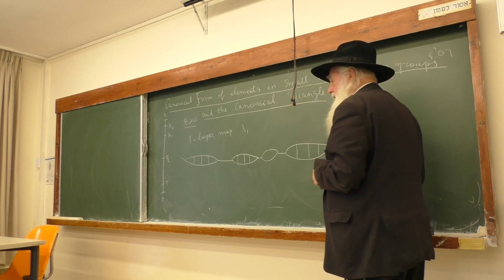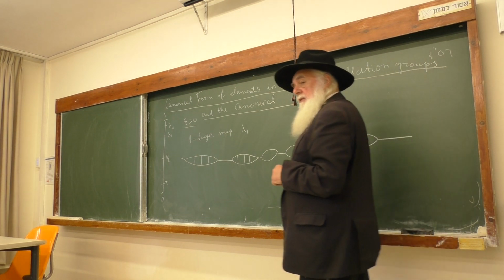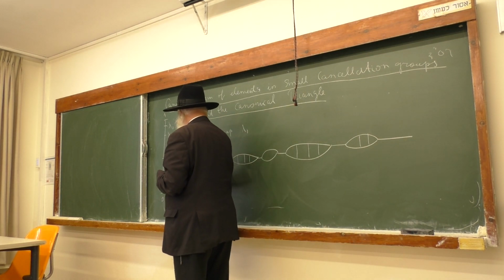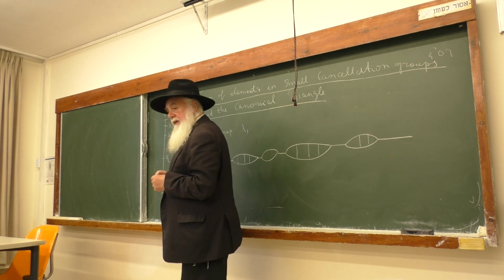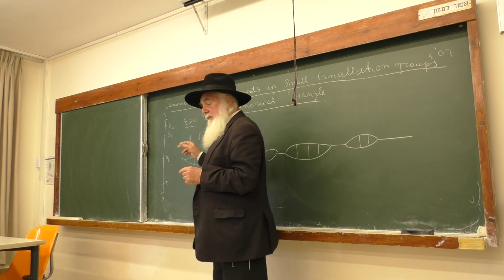So what is our condition? We assume that, where we have a relator here, and a relator here, we read the relators on the outer perimeter.